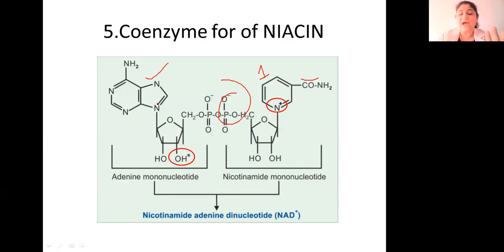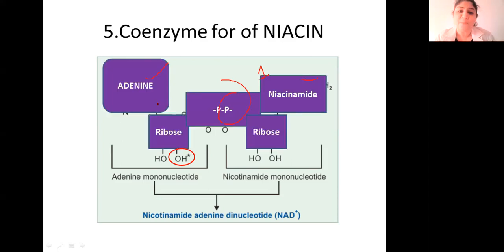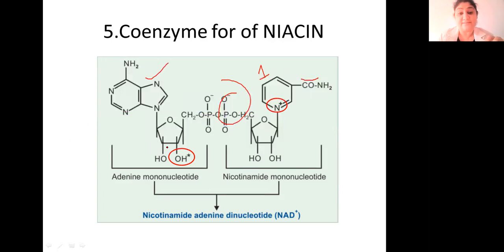So, do you have to remember this complex structure of nicotinamide adenine dinucleotide? No, you need not. If you want to write the structure also, the shorthand form of writing the structure is more than enough. All right. I would like to draw your attention to two places because the following video will talk about the redox function of NAD.